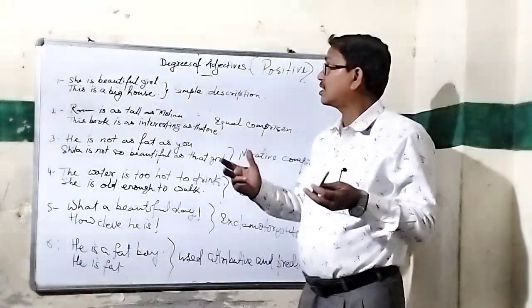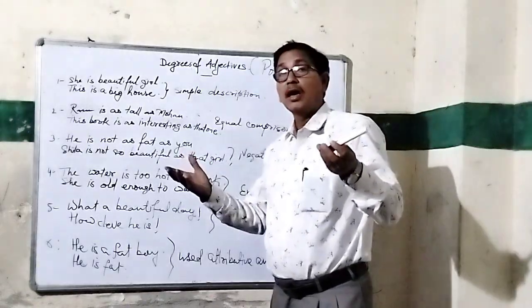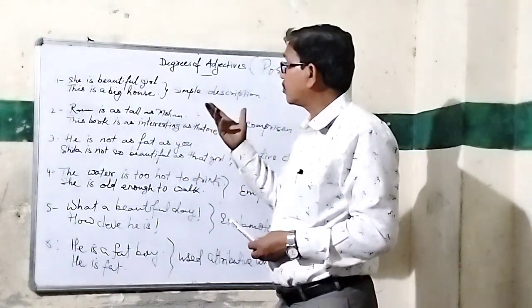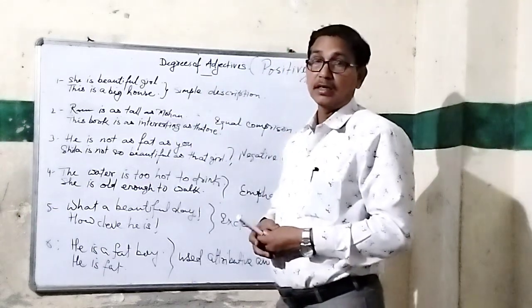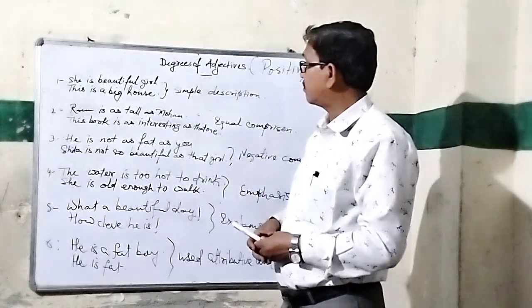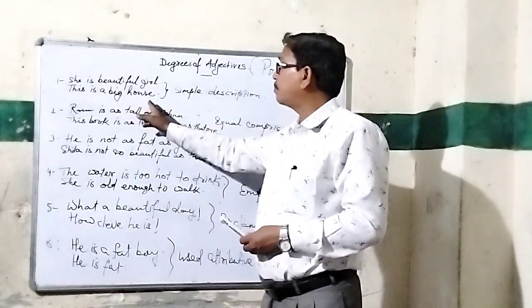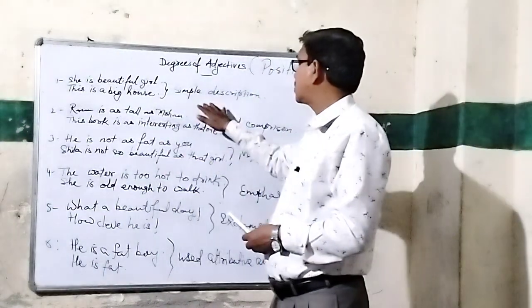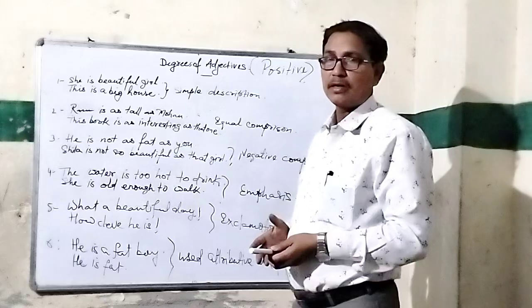If I say she is the most beautiful, it will be superlative. This is a big house, so I am simply telling that the house is big. So this is a simple description.